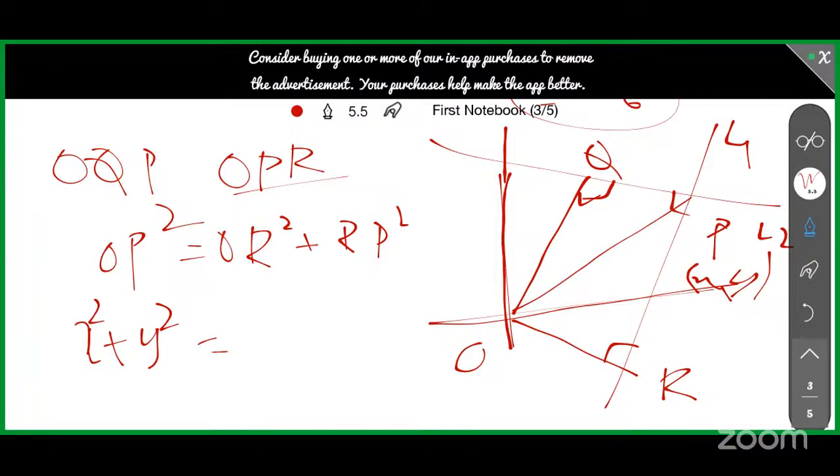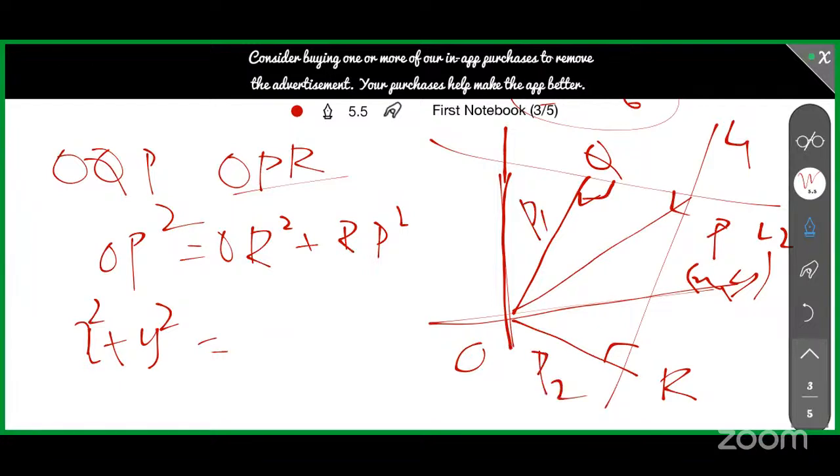I'm asking what they have told in the question. P1 and P2 are perpendiculars from the origin to the line. That means from the origin to this line, this perpendicular is P1, this perpendicular is P2.